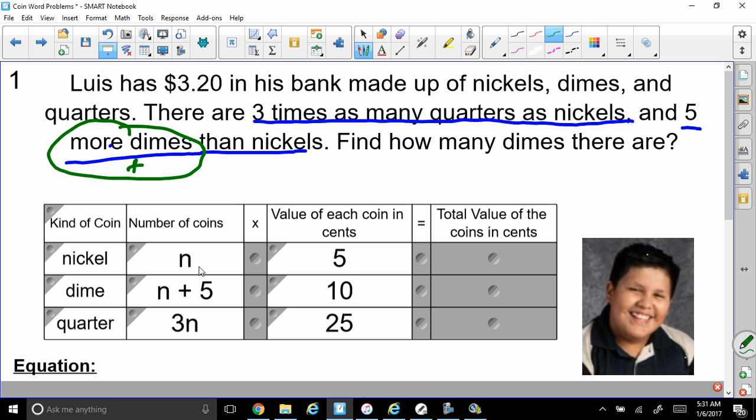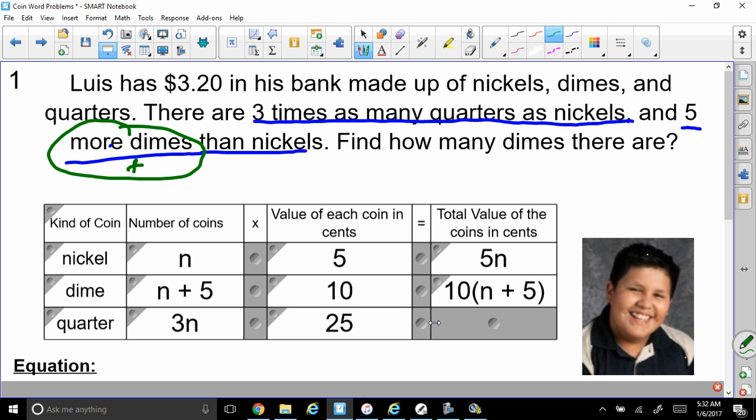I don't know how many nickels I have, but if I multiply that by 5, that gives me 5N. I don't know how many dimes I have, but I know I have 5 more dimes than nickels. If I multiply that by the value of a dime, 10 cents, I'll have 10 times N plus 5 to represent dimes. I'll distribute that later.